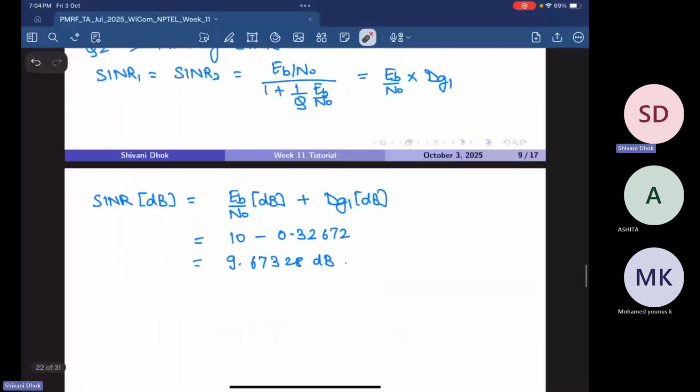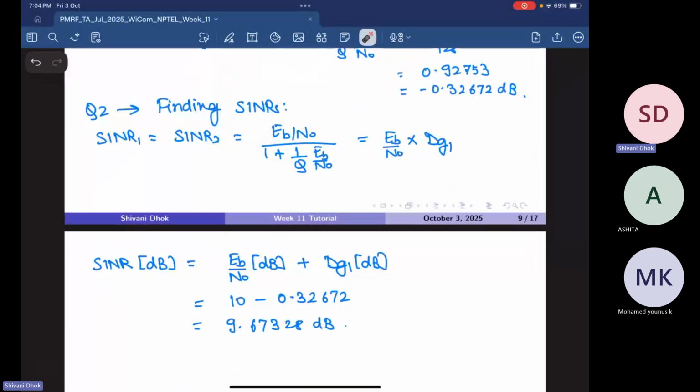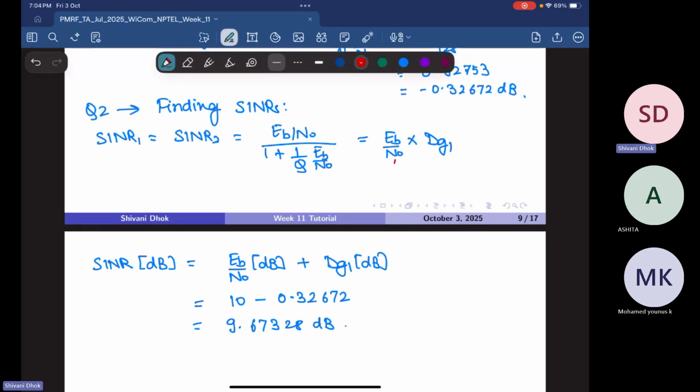For example, in this particular question, I started with the linear formula, SNR1 equal to SNR2, which comes out to be equal to EB by N naught into DG1. In this formula, your EB by N naught is in linear scale, and this DG1 is also in linear scale.